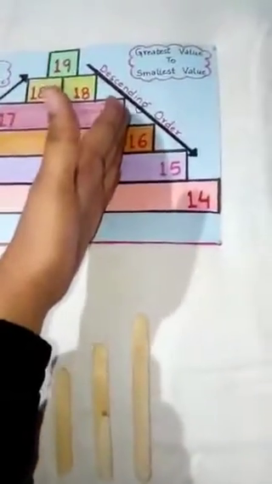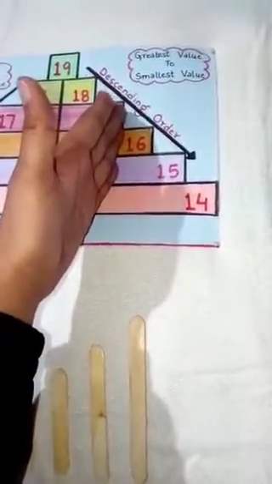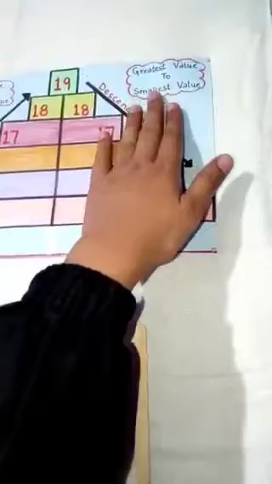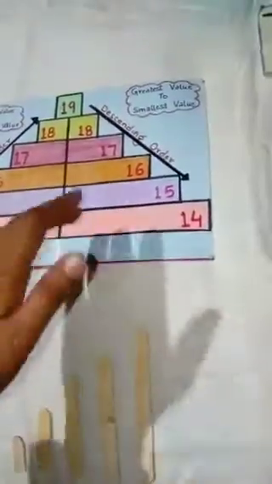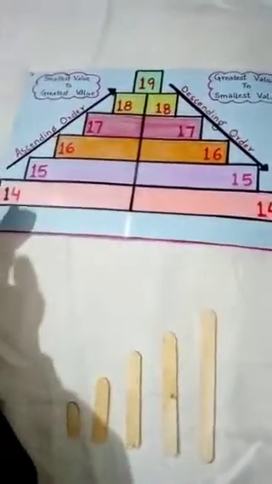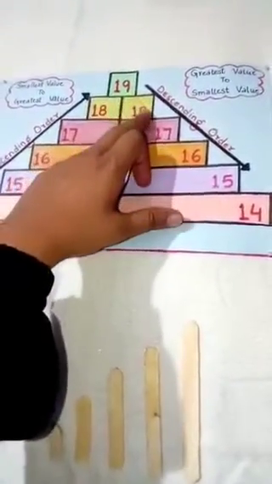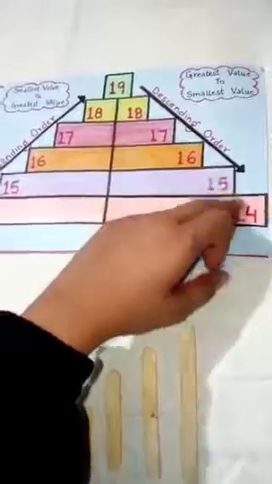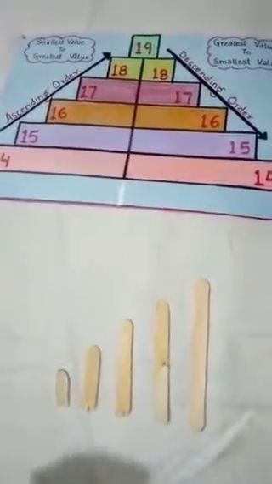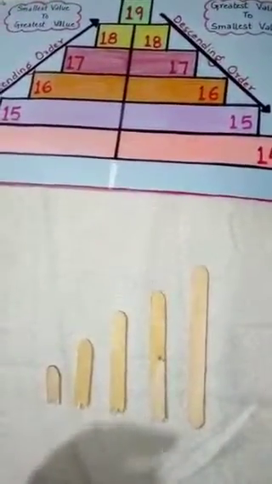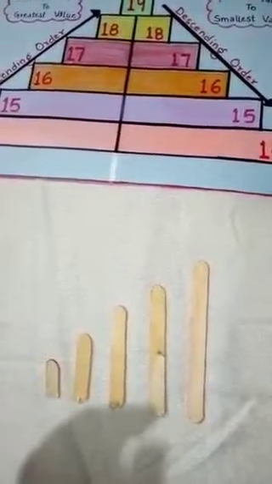See the numbers. And see in this part, which order is this? Descending order, from greatest value to smallest value. Now here we are starting from the greater value to the smallest value. So we have to arrange the sticks according to the descending order.